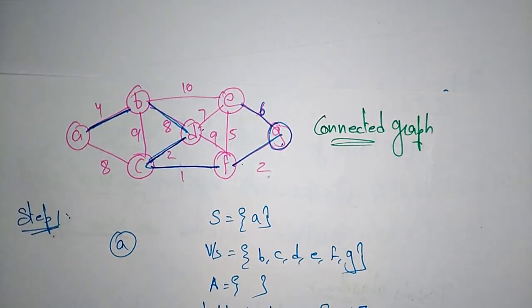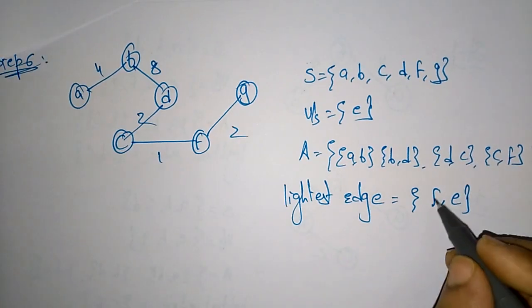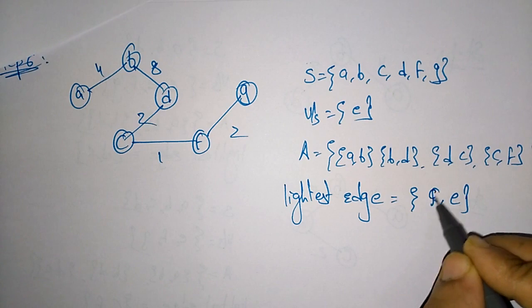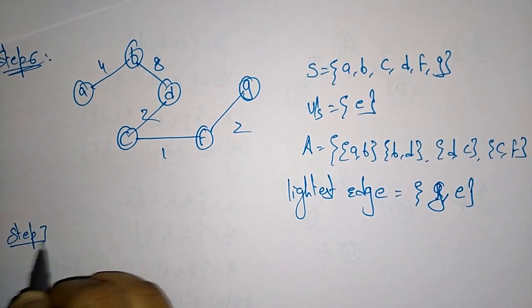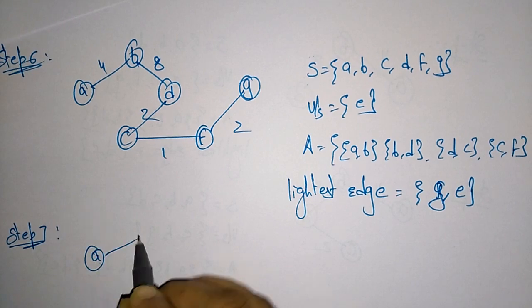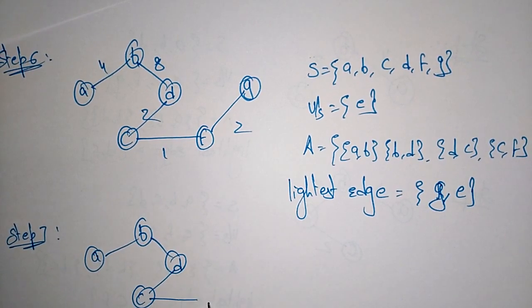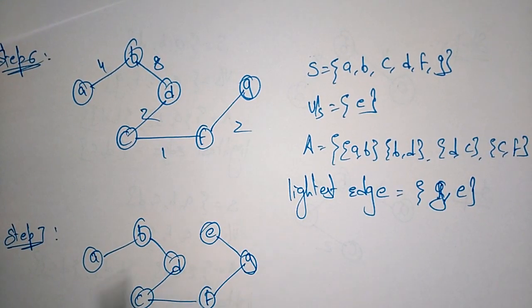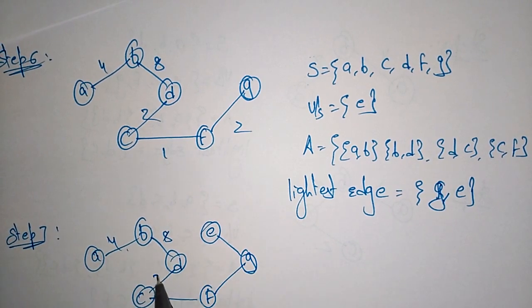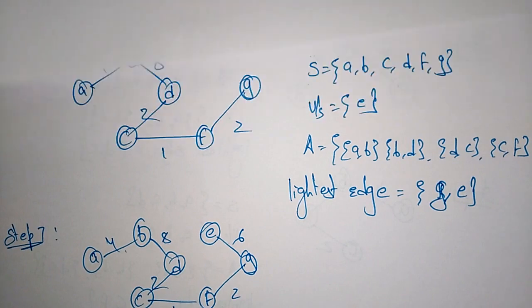So the visited vertices are these, so the edge has to be selected from G. That is GE. Next, step 7: A, B, D, C, F, G and E, with weights 4, 8, 2, 1, 2 and 6.